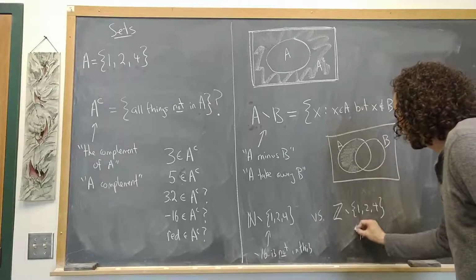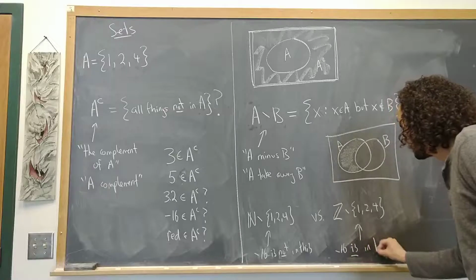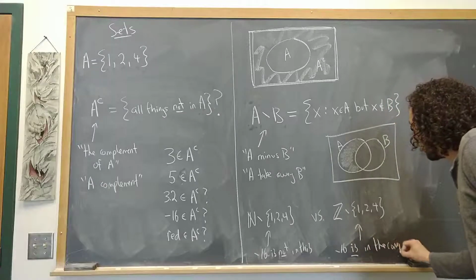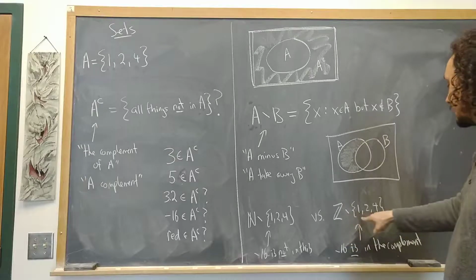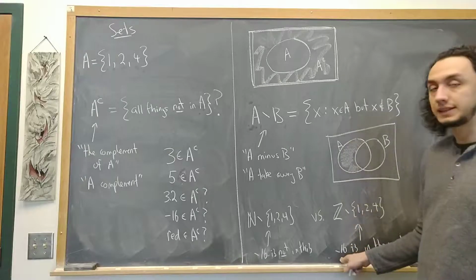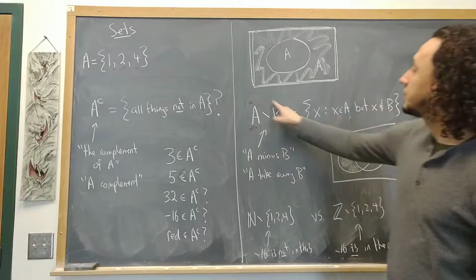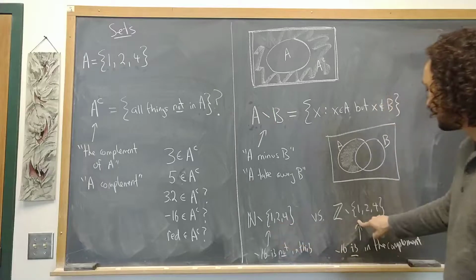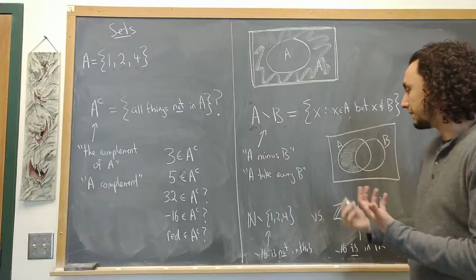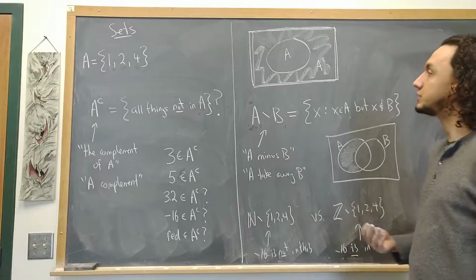But over here, minus 16 is in the complement, because it was there to begin with in the set of integers, and when I take away the numbers 1, 2, 4, minus 16 is still left over. So now we've introduced the concept of set difference, and we've recognized that complementation is really implicitly dependent on a background set in which you're taking the complement, or with respect to which you're taking the complement.